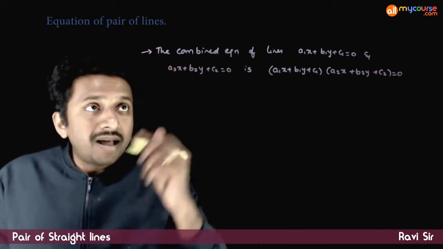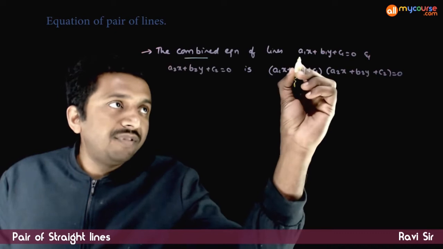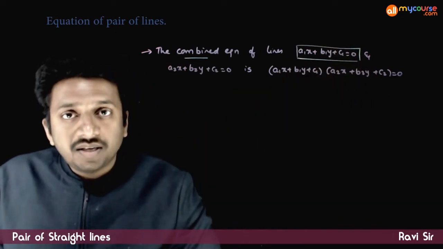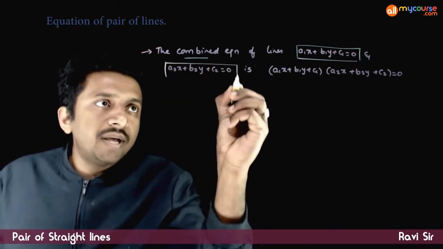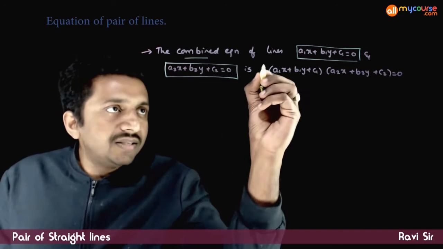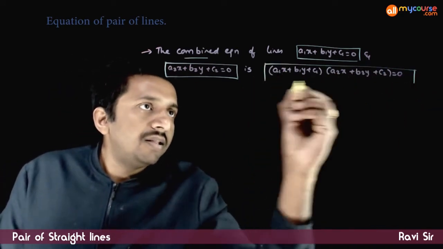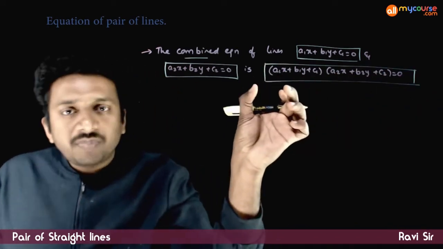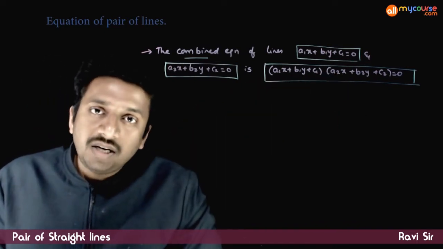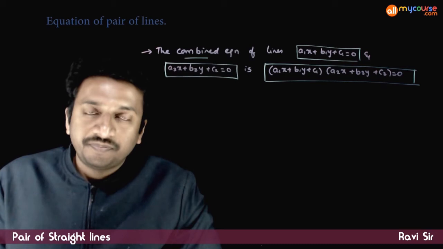Now, the combined equation of the lines a1x plus b1y plus c1 is equal to 0 and a2x plus b2y plus c2 is equal to 0 is the equation (a1x plus b1y plus c1) into (a2x plus b2y plus c2) is equal to 0.